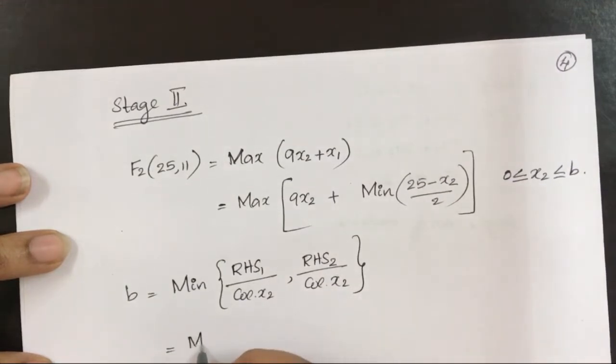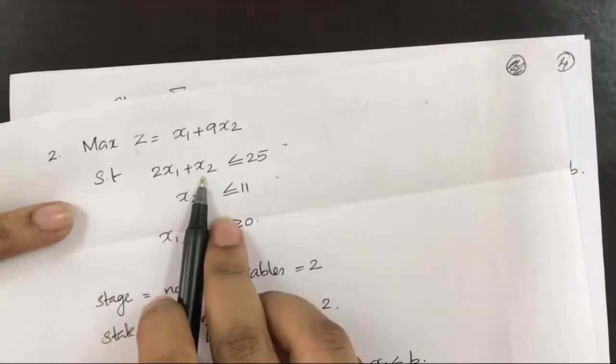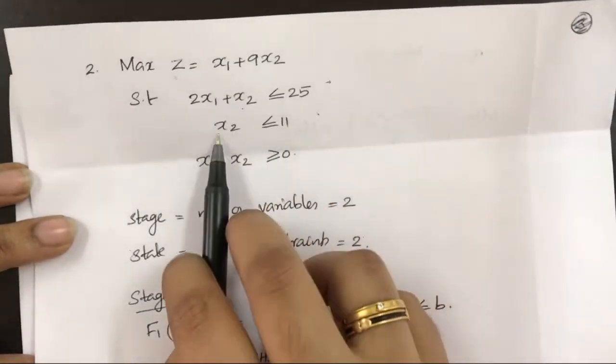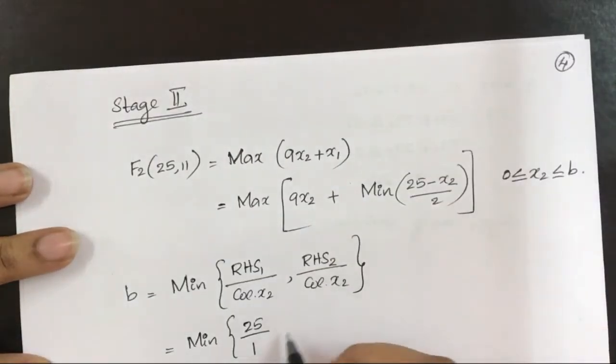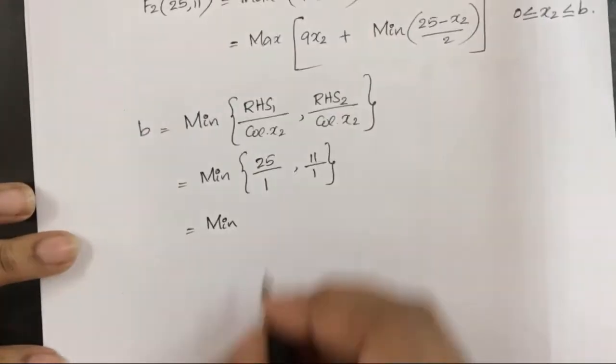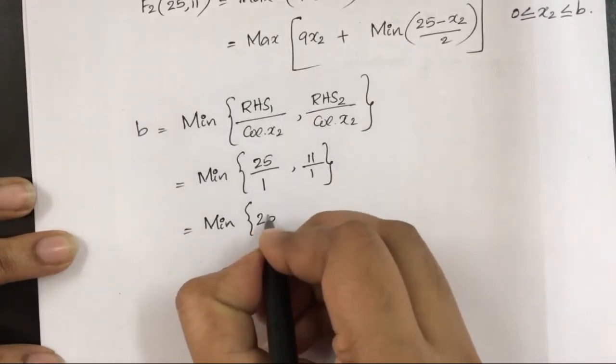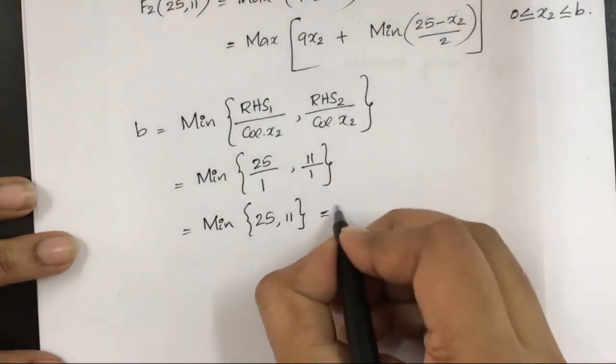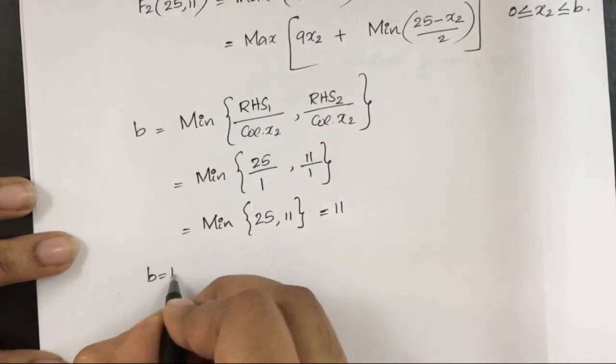That is minimum of RHS1 is 25, 25 divided by what was the coefficient of x2? 1. 25 divided by 1, then 11 divided by 1, that is minimum of 25 comma 11, which is the minimum value? 11. That is b equal to 11.